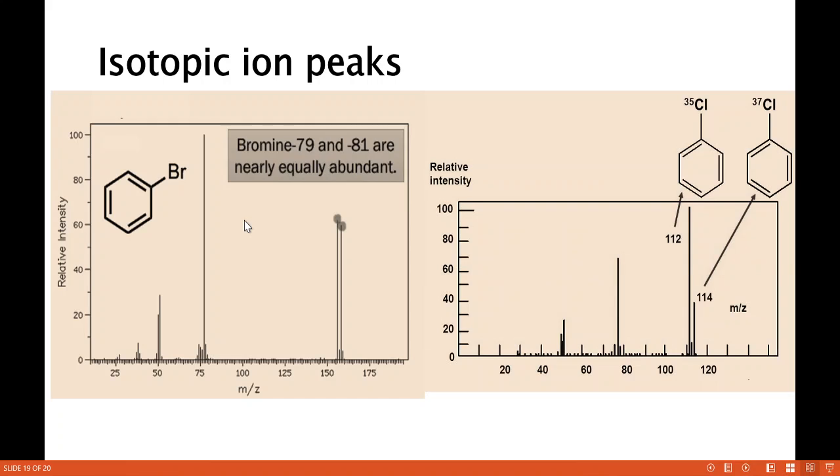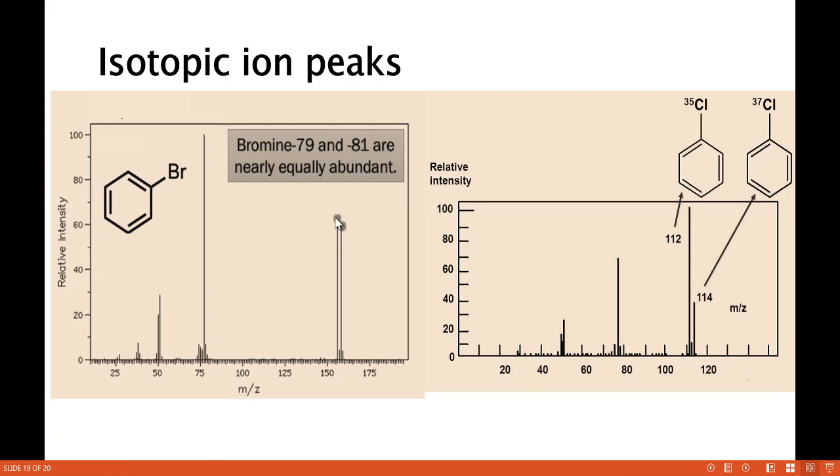Here this is bromobenzene and this one is chlorobenzene. This is relative intensity versus m/z. Here bromine has the isotopes bromine 79 and 81, and the relative intensity is 1:1.